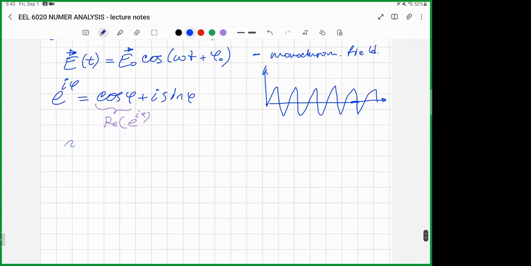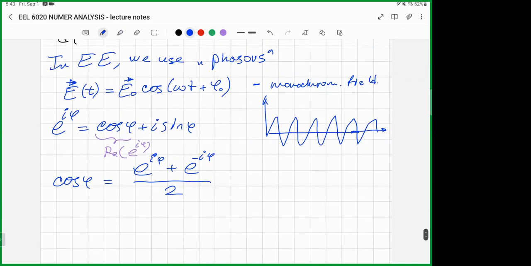So this formula gives me cosine phi is equal to e to the power of I phi plus e to the power of the complex conjugated version, minus I phi, divided by 2. Okay, so I can substitute this cosine into this formula now.